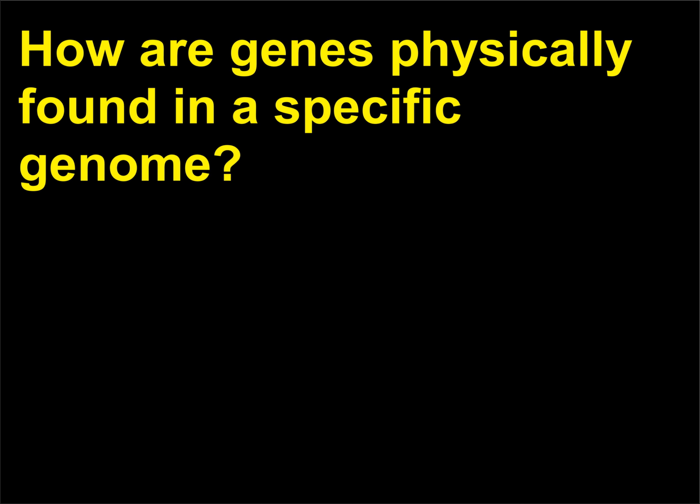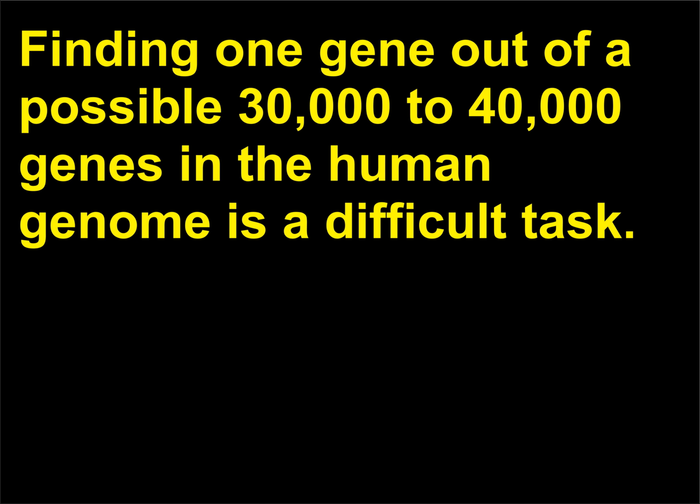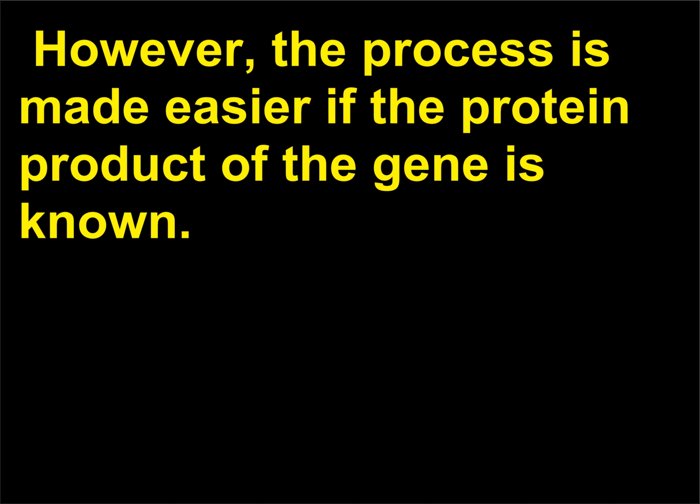How are genes physically found in a specific genome? Finding one gene out of a possible 30,000 to 40,000 genes in the human genome is a difficult task. However, the process is made easier if the protein product of the gene is known.